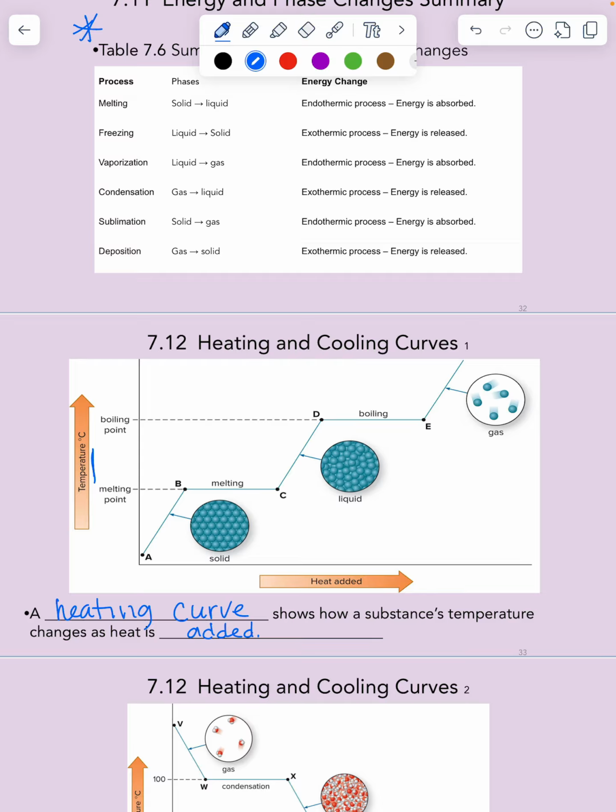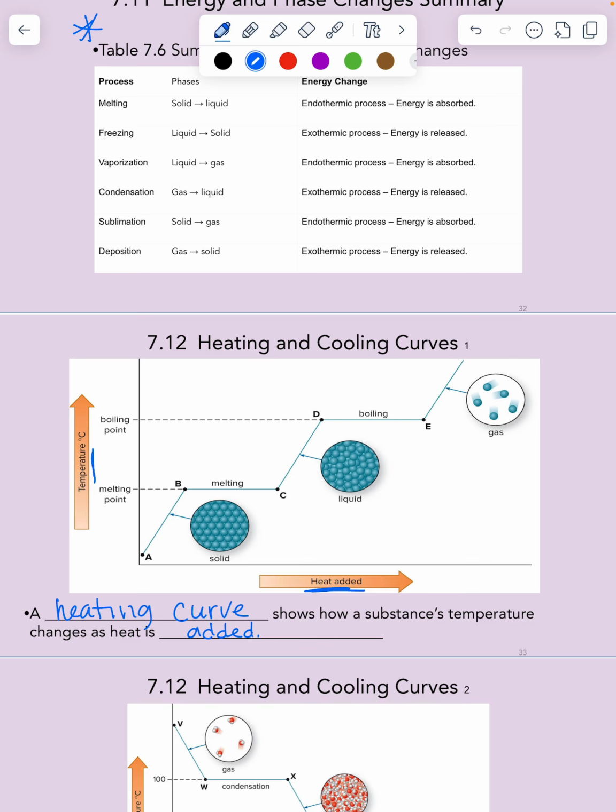What's happening during this melting phase is all of the intermolecular forces are being broken, and so all of the energy is going into breaking the IMFs so that the substance can melt. As soon as everything has melted, you'll be at point C, and then as you go up to point D, the temperature is increasing again.